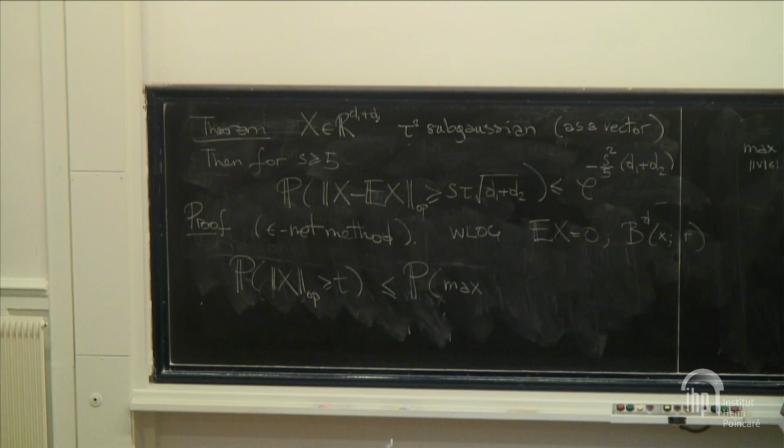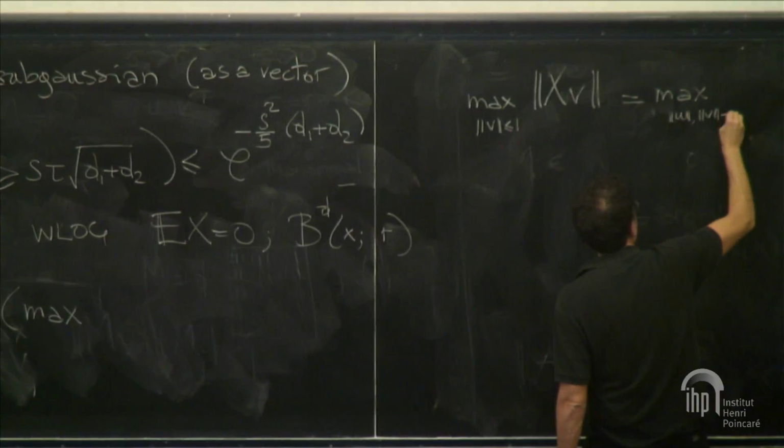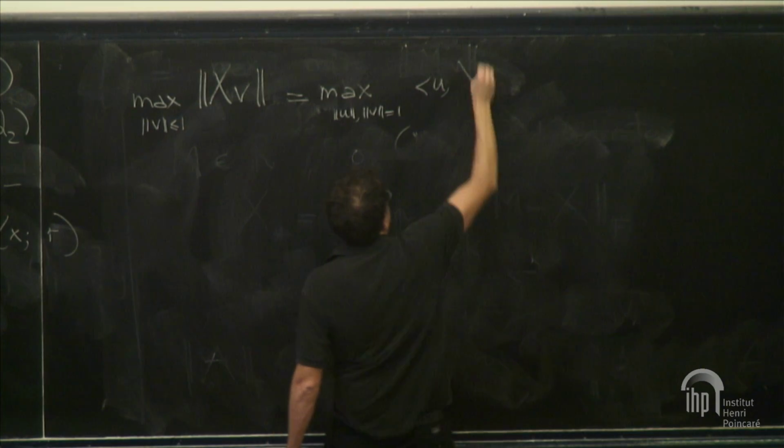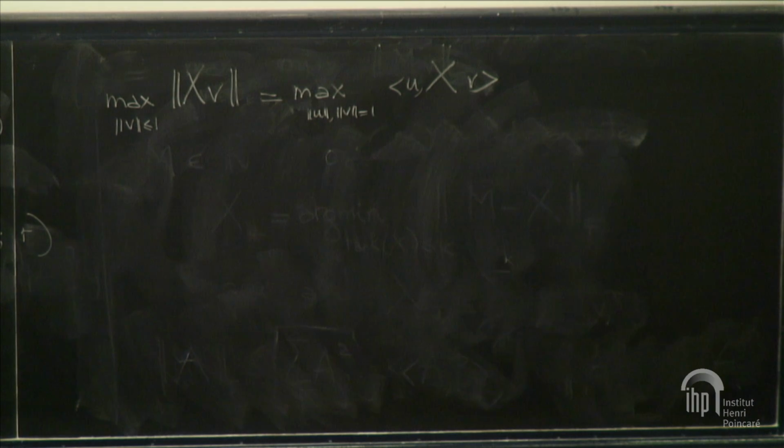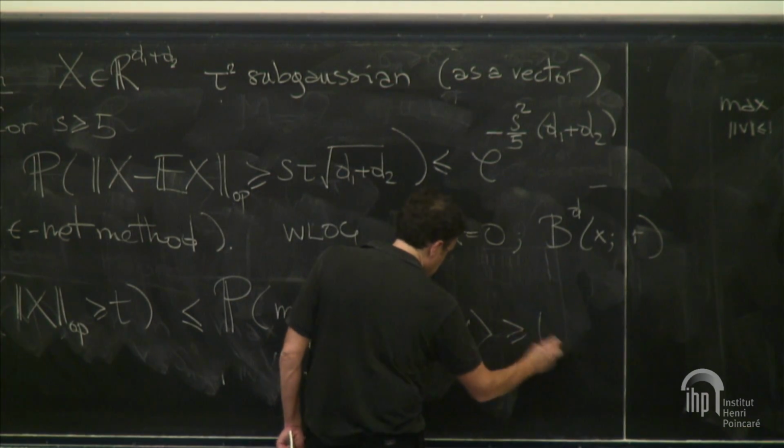So this is also the max over all u in the ball centered at 0 in d1 of radius 1, and v in the ball in d2 of radius 1, of u transpose X v. I want this max to be bigger than t.